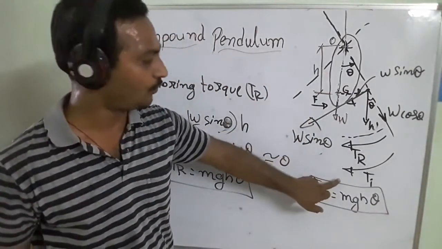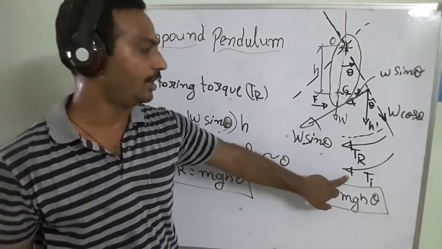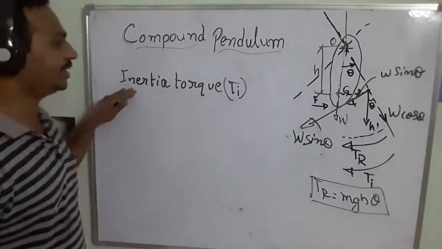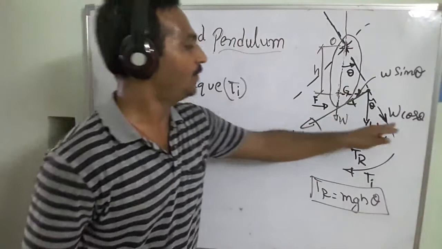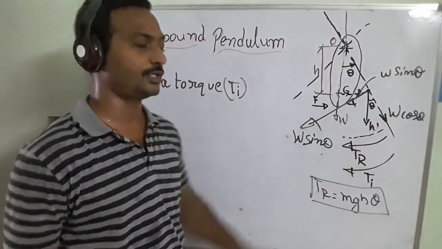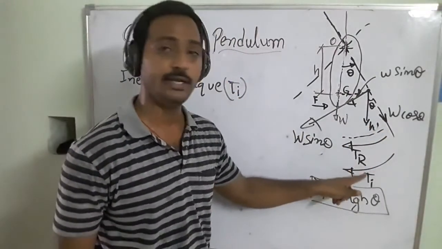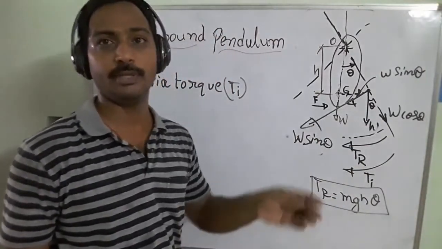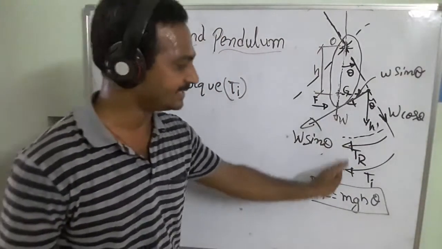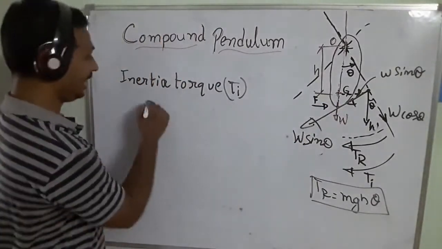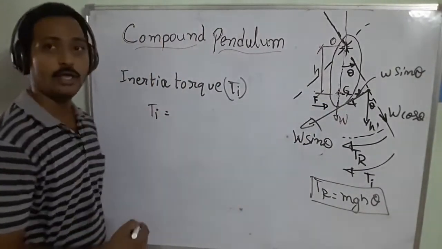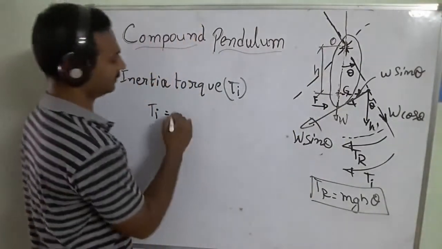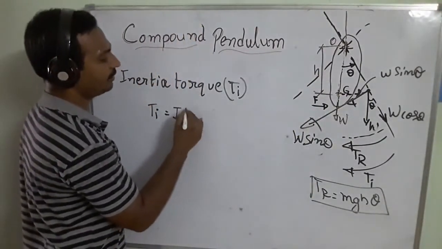Next we have to go for the second parameter, which is Ti. That is the inertia torque acting on that system, which is trying to bring it back to its equilibrium position. That means Tr and Ti are the reaction forces, and the accelerating force is the action force, but we consider only the reaction force. And Ti is equal to, what is the formula we have? It acts in the circular direction, so it is I into acceleration.